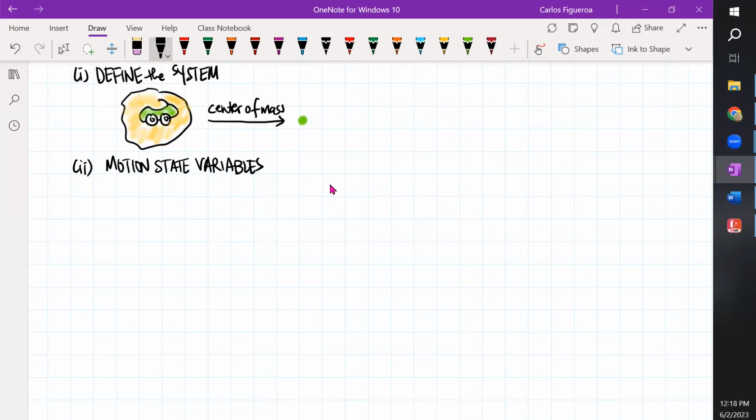When I look at the motion state variables, we know that there are four variables: t, x, v, and acceleration. So if they change, I could have acceleration equals 0, which means I have constant velocity.